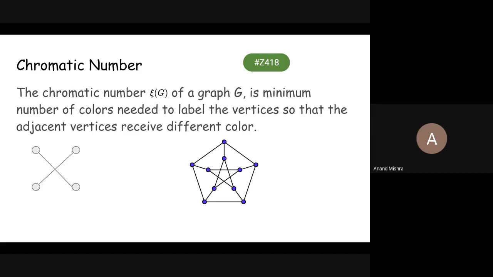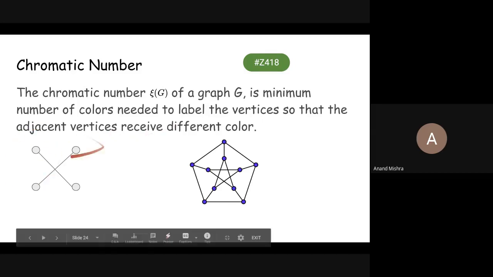For example, Rajasthan is a neighbor of Haryana, Gujarat, Madhya Pradesh, I guess. If you color Rajasthan with red, Gujarat you will color with green, maybe Madhya Pradesh something else, and so on. The neighbors should be of different colors. That's the notion: the minimum number of colors needed to label the vertices so that adjacent vertices receive different colors. For example, on the left hand side, how many colors do I need to satisfy this?